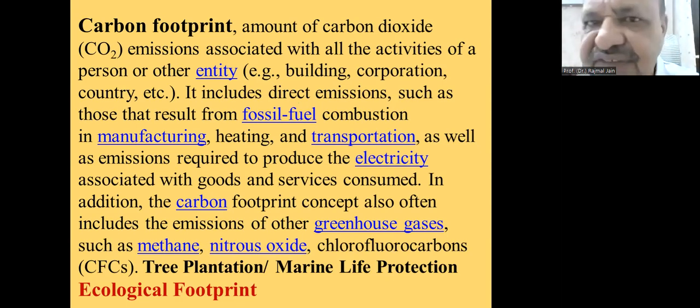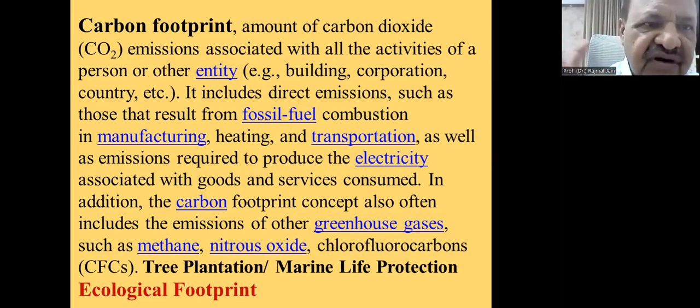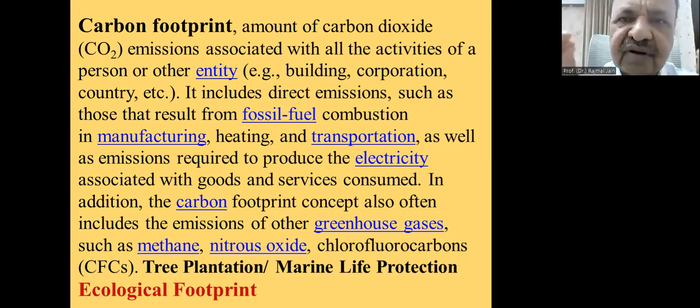When I say entities, I mean other social systems, like the building society you live in, a corporation, the state, or the country itself. When you do the summation, or integral in mathematical language, of all carbon dioxide from all sources, that is the carbon footprint of a given country or a given society.